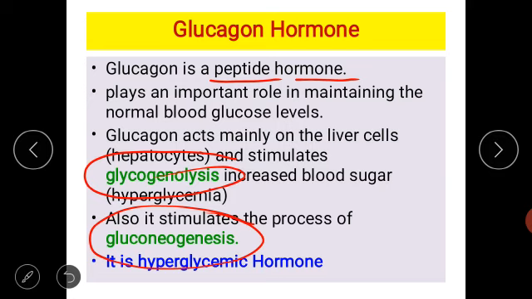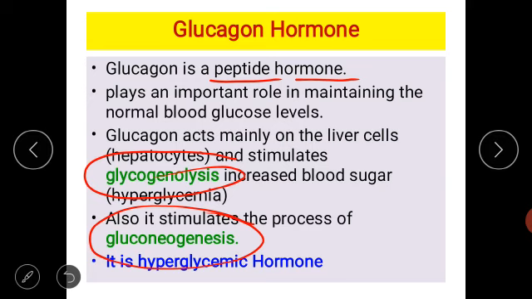It also carries out gluconeogenesis, when carbohydrates are not available, because if the person is in a fasting condition, the liver has food stored in the form of glycogen, which is broken down with the help of glucagon. Glucagon helps in breaking down glycogen. In this way, the blood sugar level is maintained.